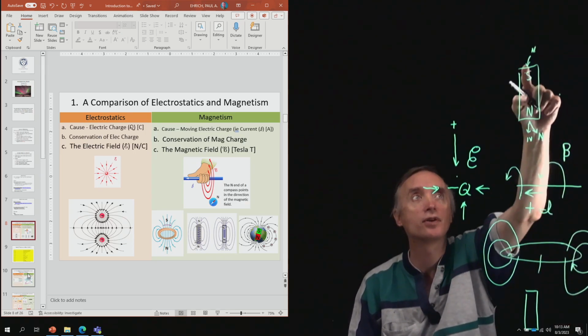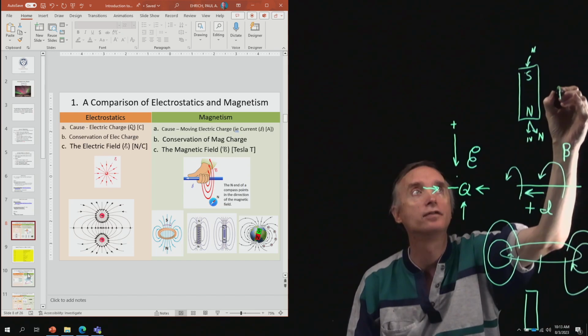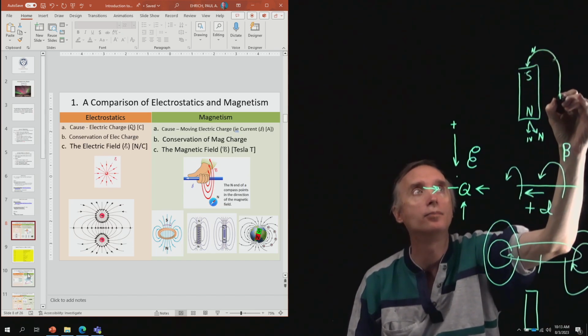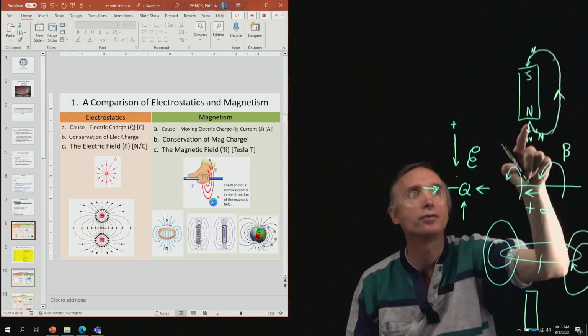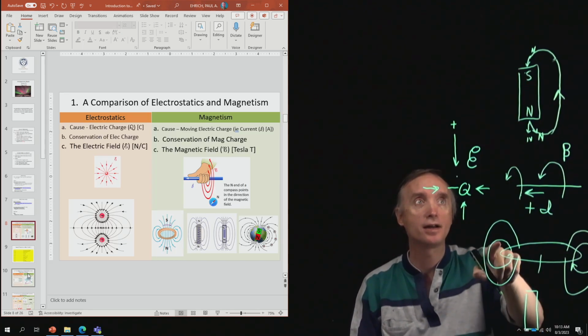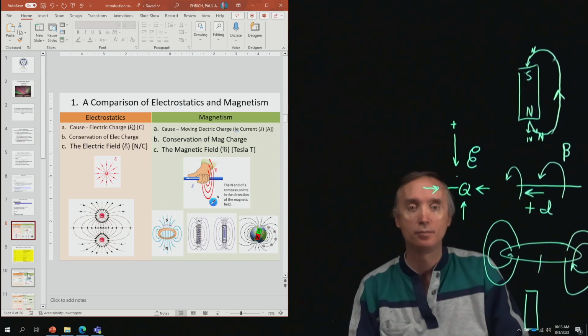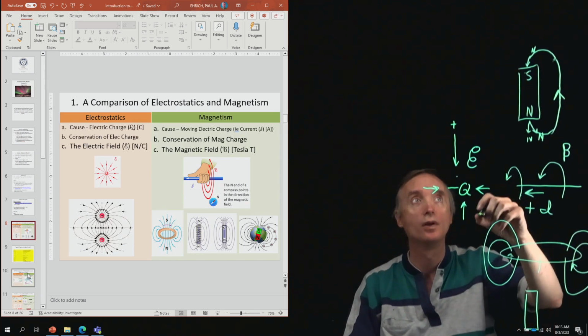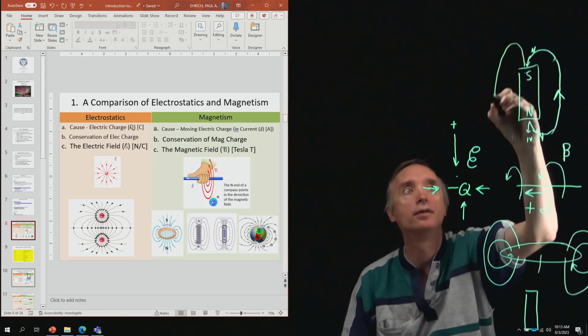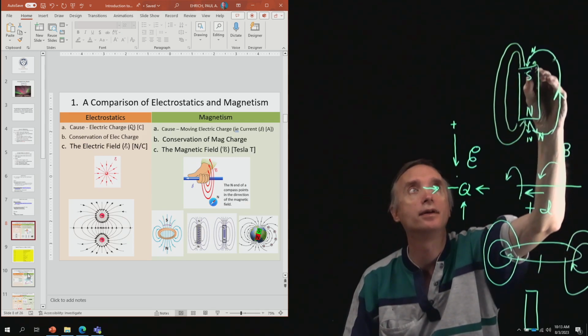Well, it's going to be attracted and repelled, so it goes sideways. And so if we connect all of these lines up, we're going to get something that looks like this. So it's coming out of the North Pole and it's going into the South Pole. Well, that's exactly what's happening down here, that it's coming out of this, it's swinging around, and then it's going back in again. Okay, and then you'd have the same thing on this side over here, and then like that, and then like that.